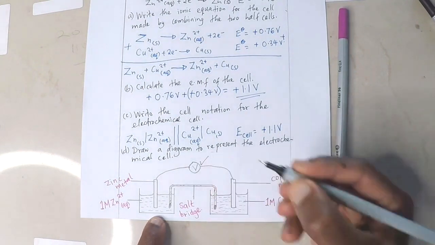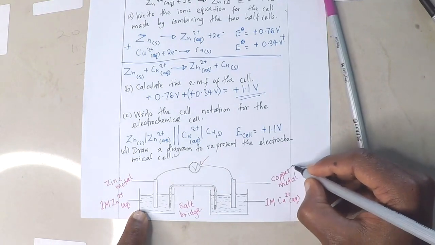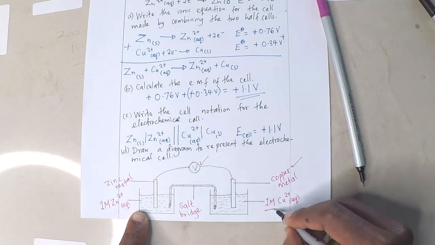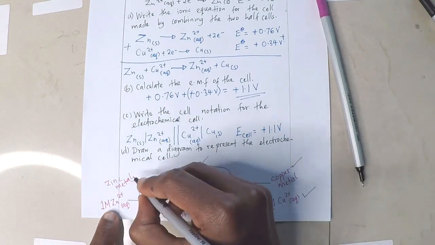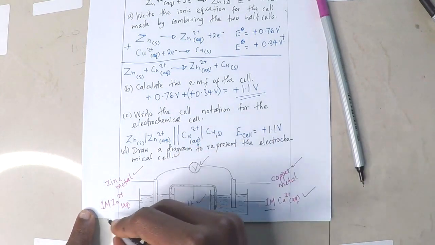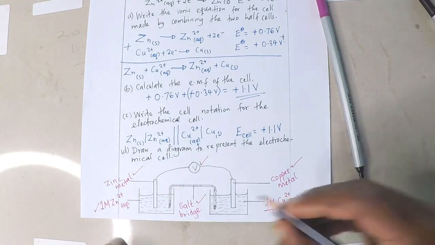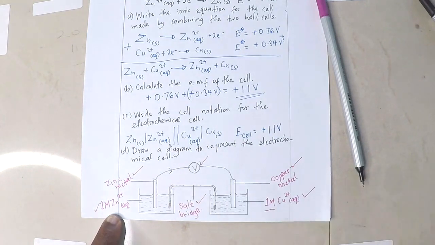You must show the voltmeter, you must show the copper electrode, which is the copper metal, then the solution, which is 1 molar, and then you must indicate the salt bridge, then you must indicate also the anode side, which is the zinc metal, and the solution. Another question that is commonly asked is showing the flow of electrons, and in this case the electrons will flow in that direction.